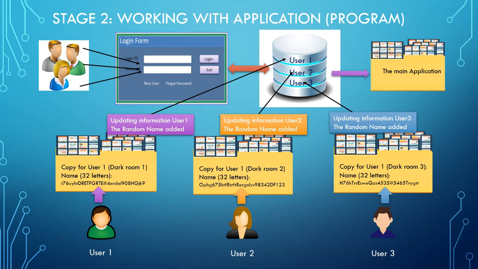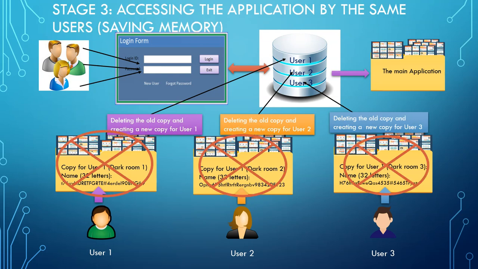And as you know, you will say that it will take a lot of space on the server. Yes, this is right, but we can solve this problem in stage number 3. In stage number 3, if the same user, using the same ID and password, accesses the application, the system has already saved the random name of every copy.